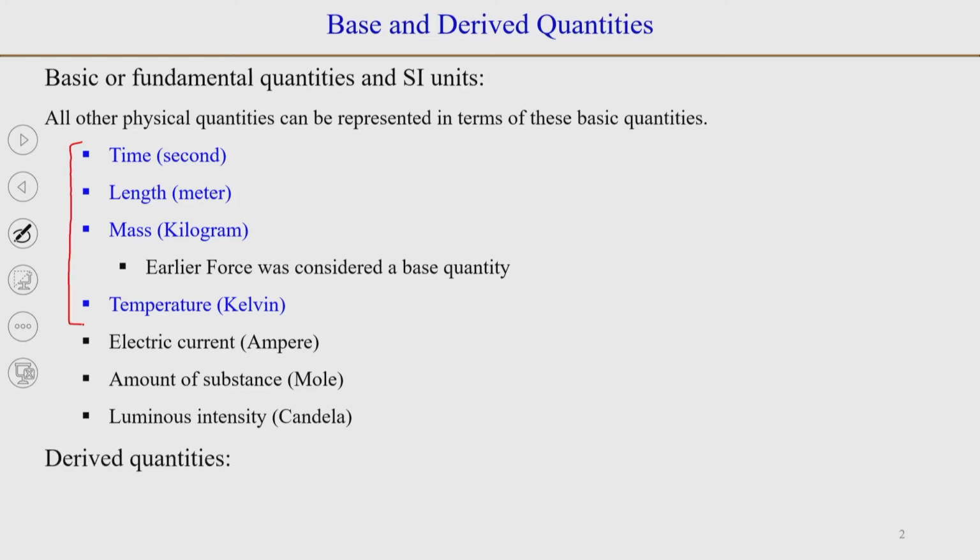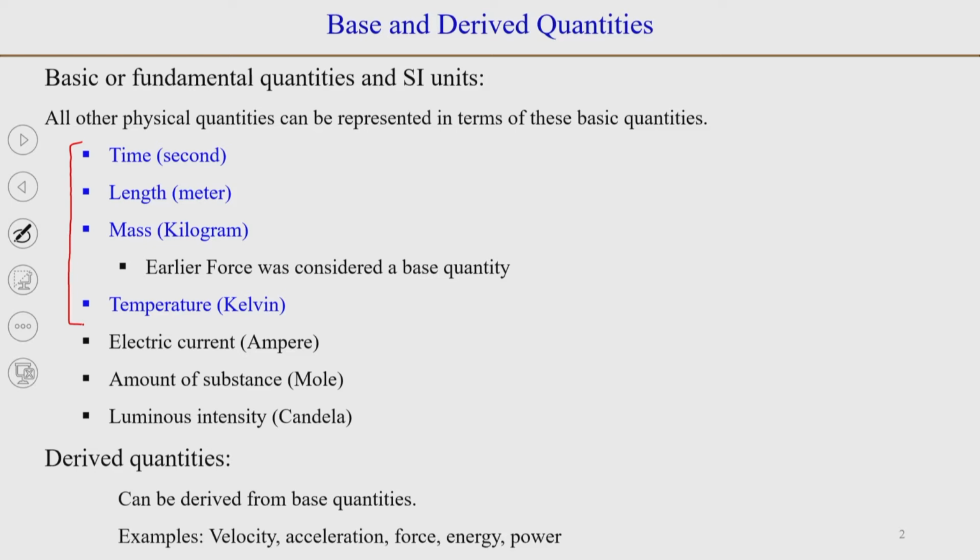Now, the derived quantities, as the name suggests, are all the quantities that can be derived from the base quantities. Some examples that we will use in this course extensively: velocity, acceleration, force, energy and power.